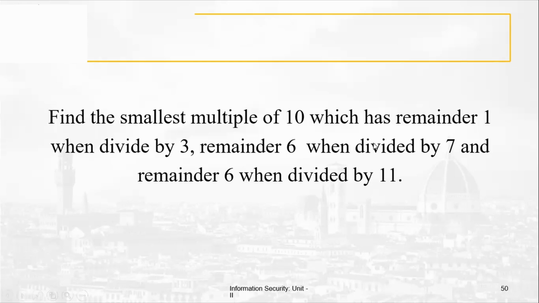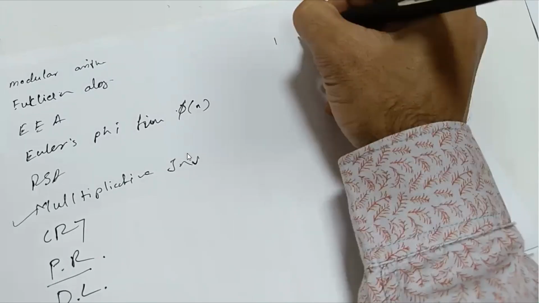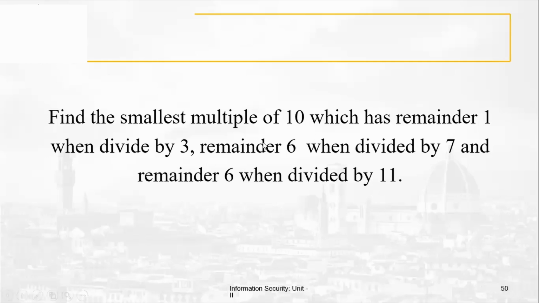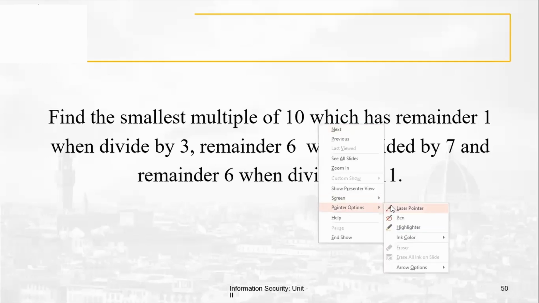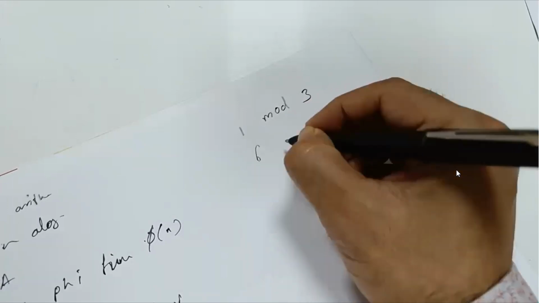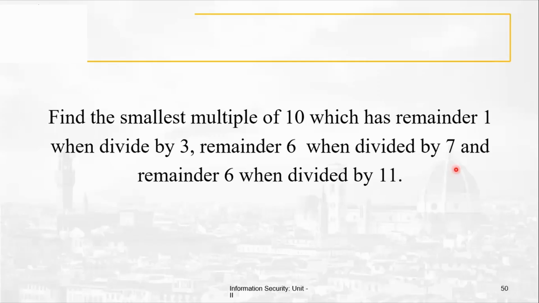See, can I write this as has the remainder 1 when divided by 3? That means what? x is 1 mod 3. I'm just considering the first statement, which has the remainder 1 when divided by 3. Okay, which has the remainder 6 when divided by 7. So 6 mod 7. Next one, remainder 6 when divided by 11.